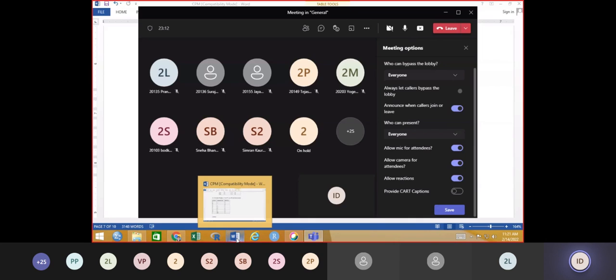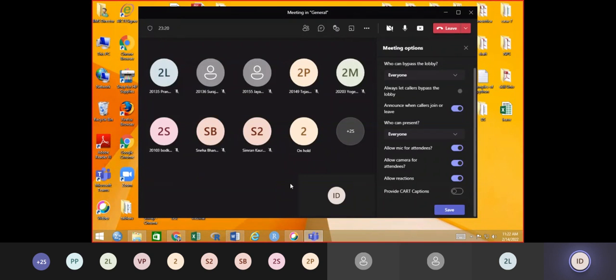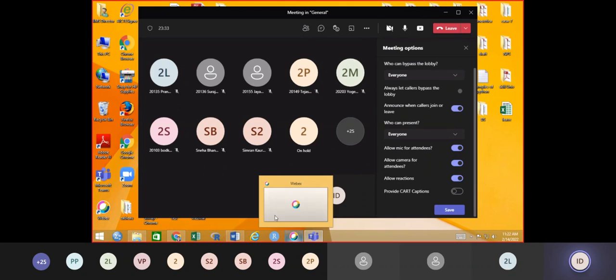Anyone else completed? Has anybody drawn the diagram?